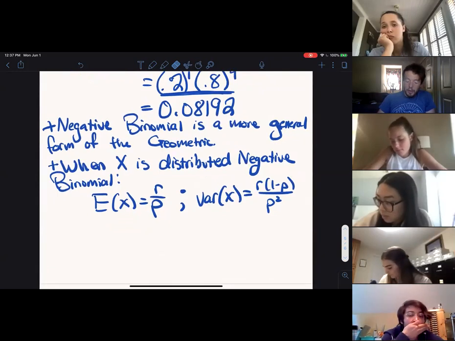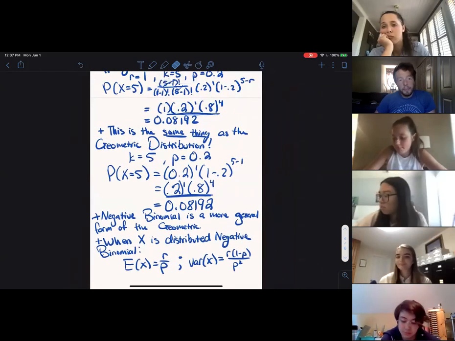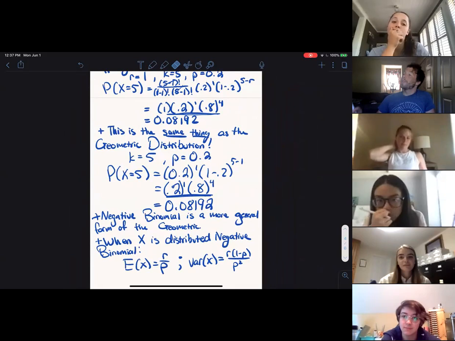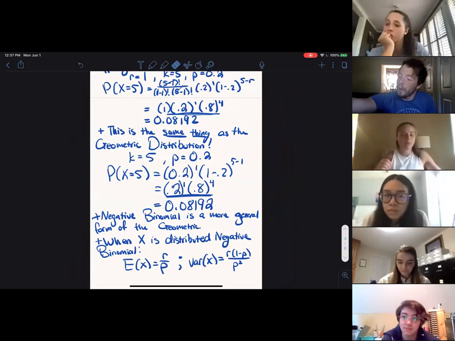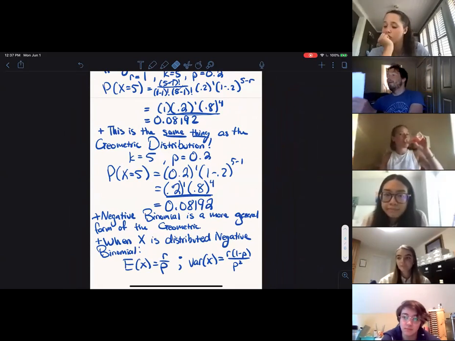So any questions on the negative binomial? Nope, straightforward, just another equation. Well, it is our last discrete distribution, so hope we can organize them all.